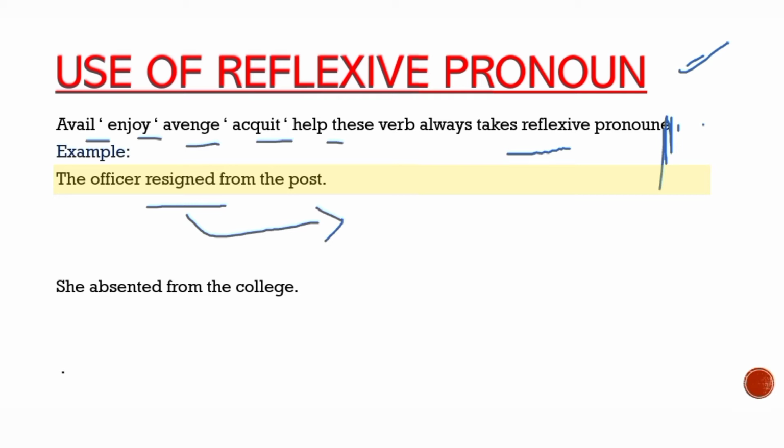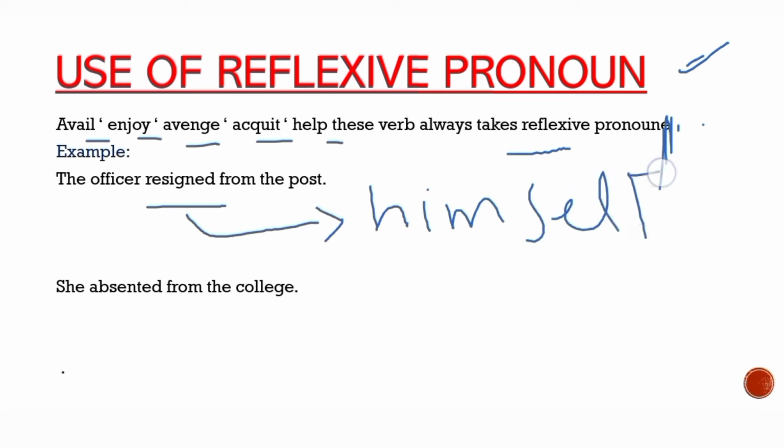Now our sentence becomes: the officer resigned himself from the post. Our second example is: she absented from the college. To make this sentence correct, because absented is a word that always takes reflexive pronoun after it, she absented herself from the college.